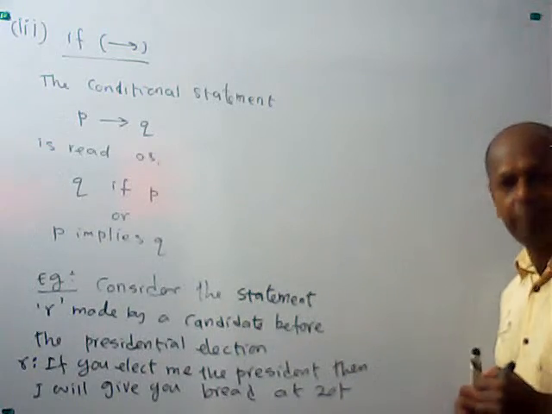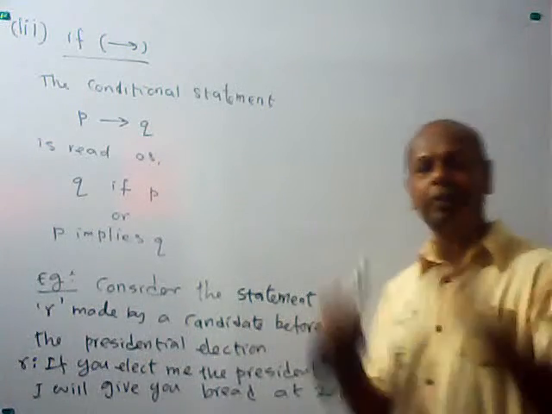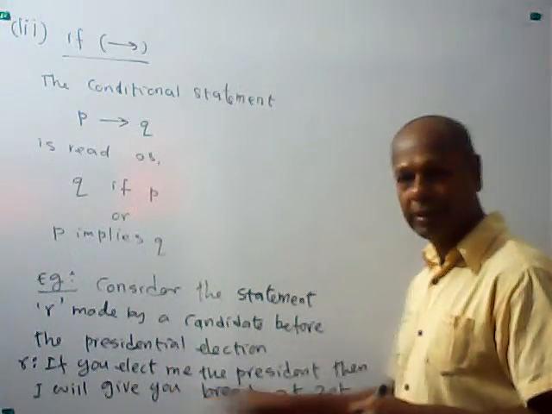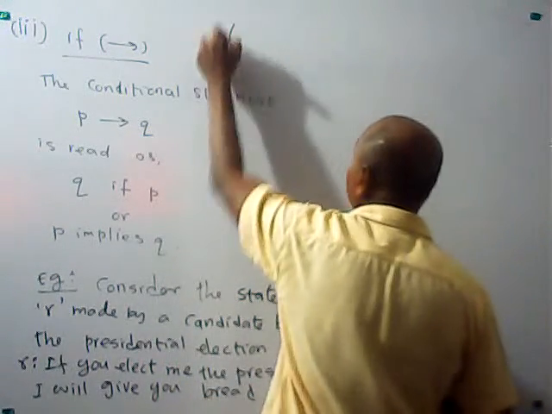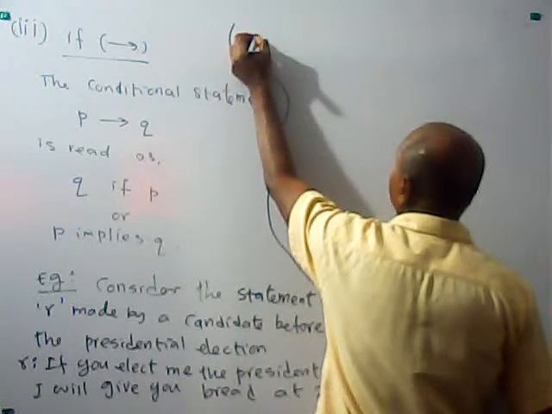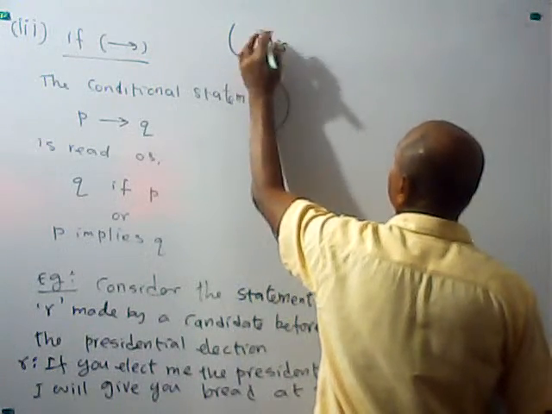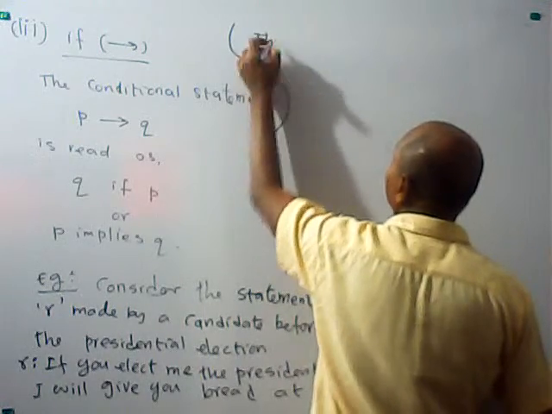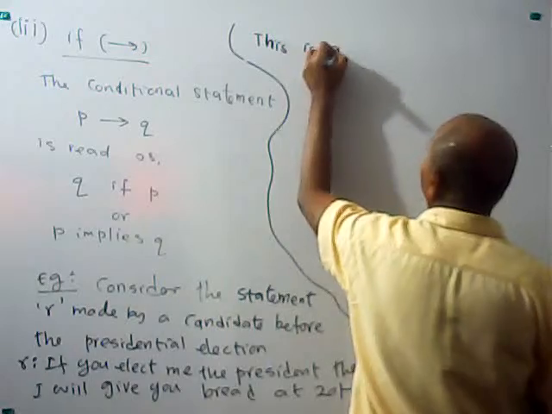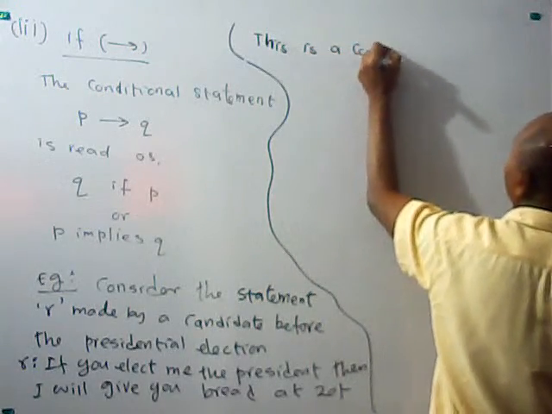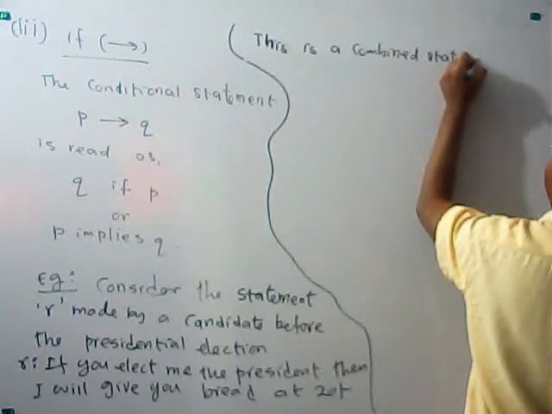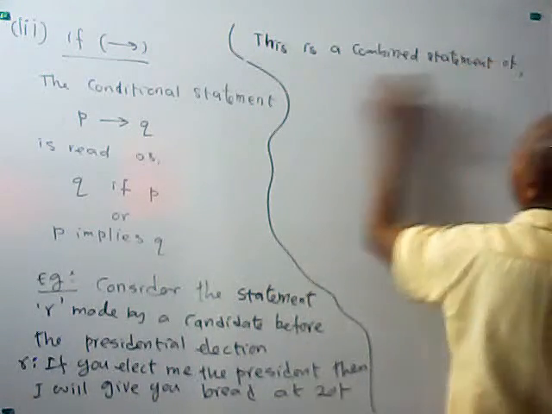This is a statement I made before the election. Now the election is over. Before that, we will first analyze this statement. This is also a combined statement of two statements, P and Q.